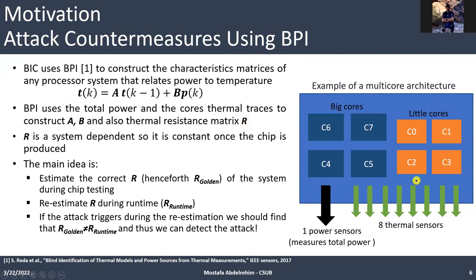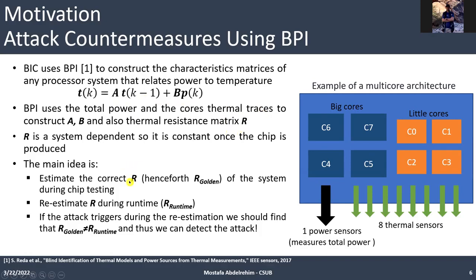Usually our chip has a thermal sensor per core, maybe even more, but one power sensor, because power sensors are big and complicate the design of the chip. So usually we have just one power sensor that measures the total power of the cores combined, but for each core we have a separate thermal sensor, and that's enough information for BBI to construct A, B, and R.